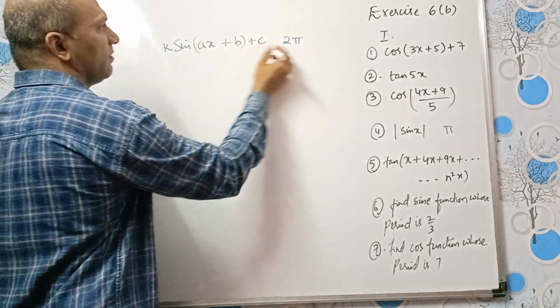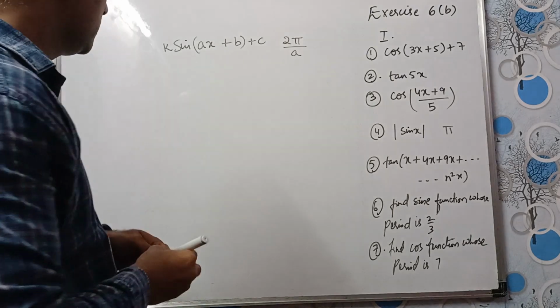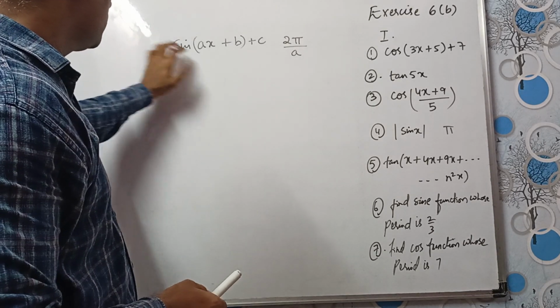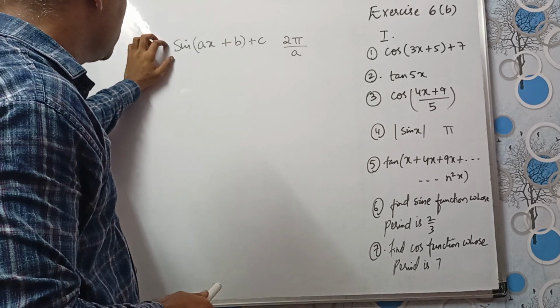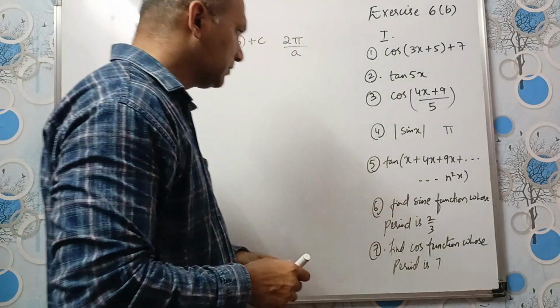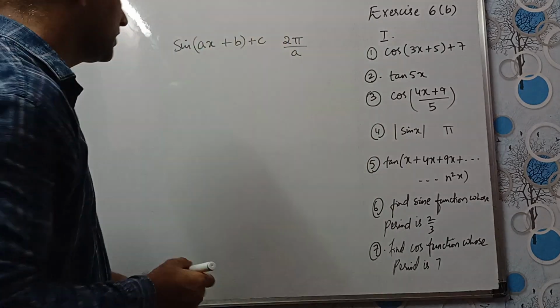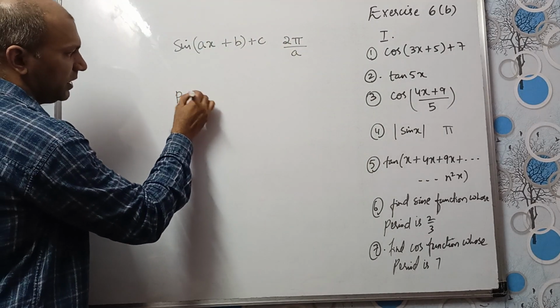Since we have this a, let us write a here. Alright, so we need to find the function with a period of 2 by 3. This period is given to us, we need to find this function. What is the period given?